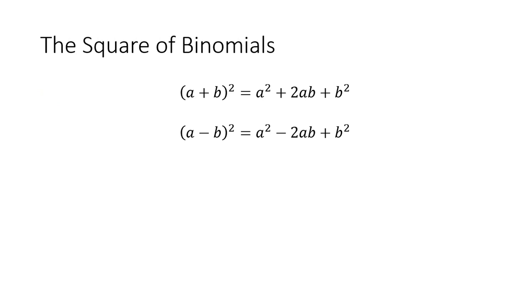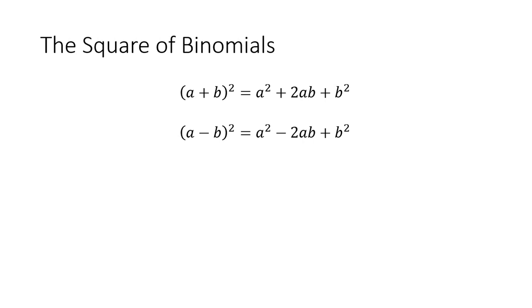We square the first number, we square the last number, and in the middle we take the two numbers, multiply them together, and then double it. 5 times x times 2 is 10x. 2 times x times 6 gets us 12x.